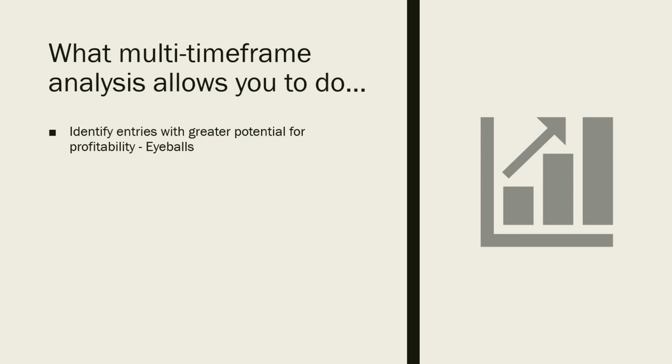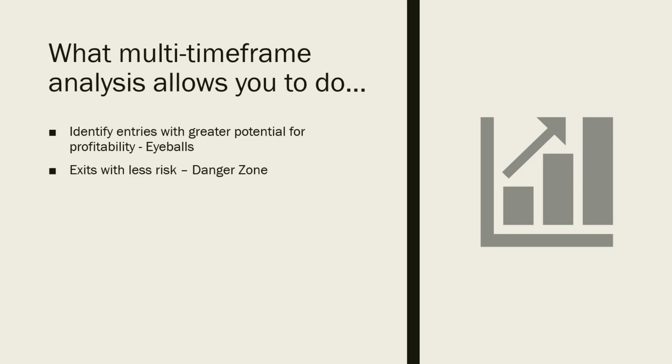We'll take a closer look at all these, but when you start to see setups lining up across multiple time frames, I would say at least two. If you have three, great. Four is rare, but those ones tend to lead to some of the biggest moves. And the reason why is because you've got more eyeballs on them. And we'll go into that deeper as well.